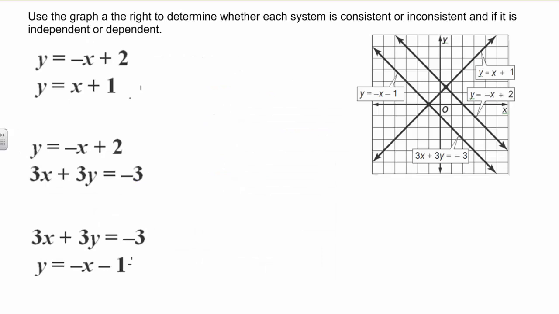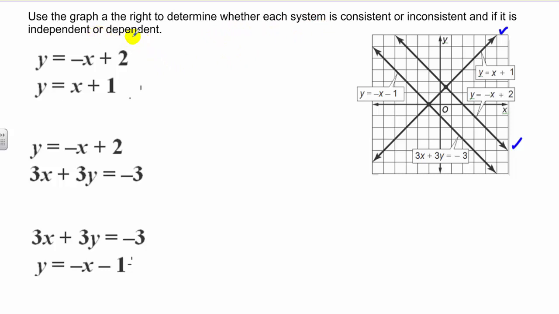And we want to take a look at this graph over on the right and identify the equations that they give us. So for instance, in this case, we have y equals x plus 2, negative x plus 2, that's this line here, and x plus 1, which is this line here, and talk about the solution, whether it's consistent, inconsistent, independent, or dependent.